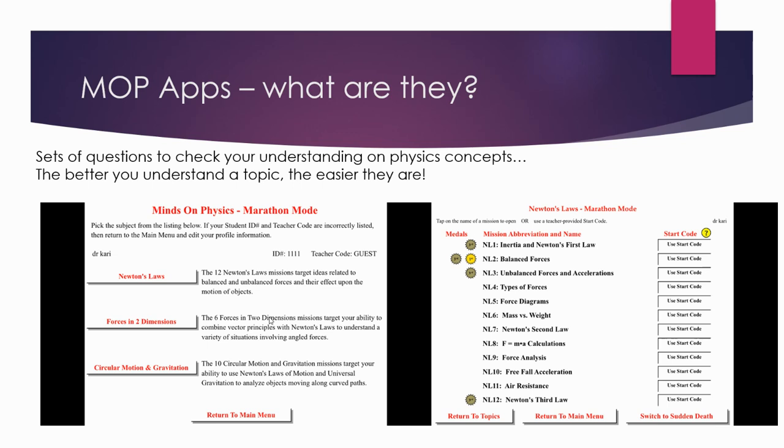So what we're going to be using these for is to check your understanding on some physics concepts. And the better you understand a topic, the easier the questions are. So you're going to end up going in, and your ID number will show up on your screen, and your teacher code is going to be the one that you just put in.